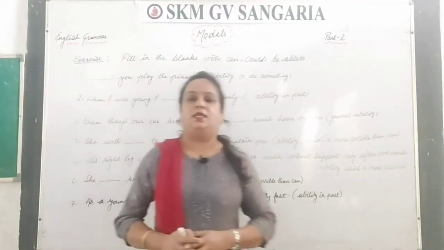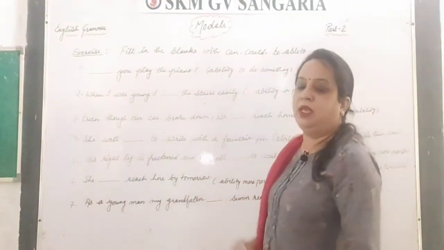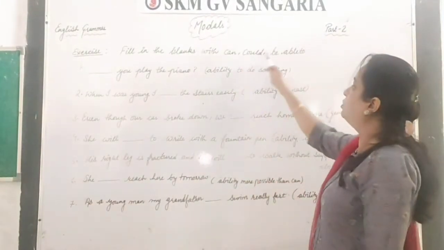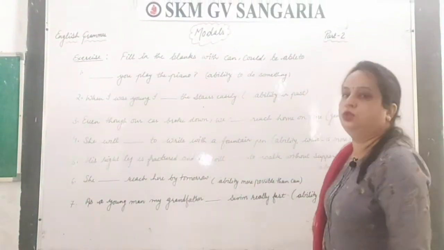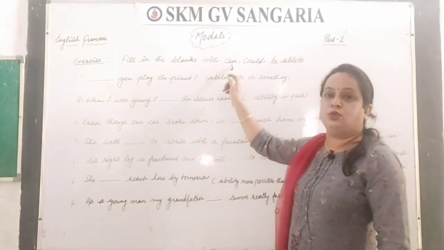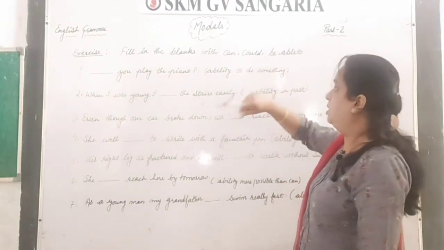Now, let's see the exercise related to can, could and be able to. You have been given a question: fill in the blanks with can, could, be able to. So, I want to tell you again, can is used to show possibility in the present.